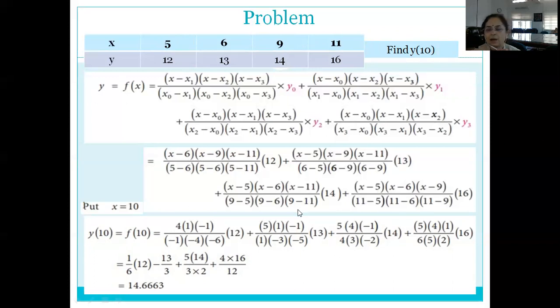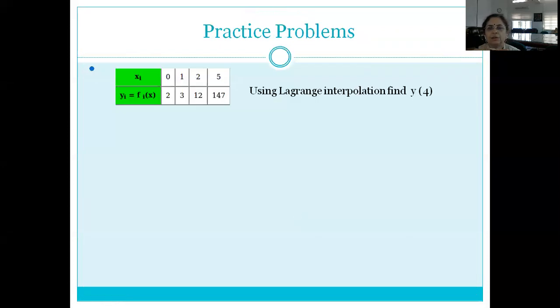Okay, so this is how Lagrange's interpolation works. We can also have some more practice problems. But prior to that, we can also understand that these numerical methods are approximate methods.